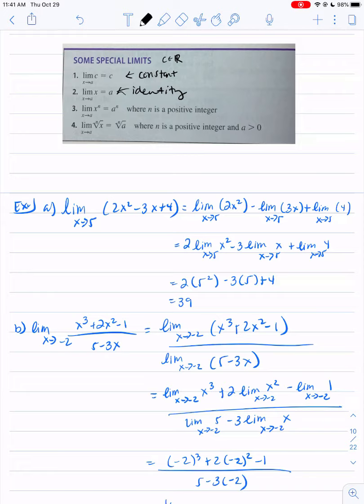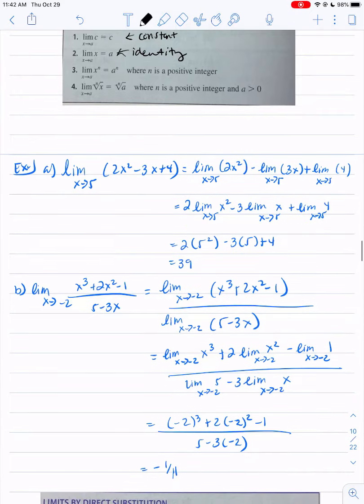Then I have the limit as x approaches a of x, that equals a. So that's like the identity that I went over earlier. I have the limit as x approaches a of x to the n equals a to the n. And then the limit as x approaches a of the nth root of x equals the nth root of a, where n is a positive integer and a is greater than 0.